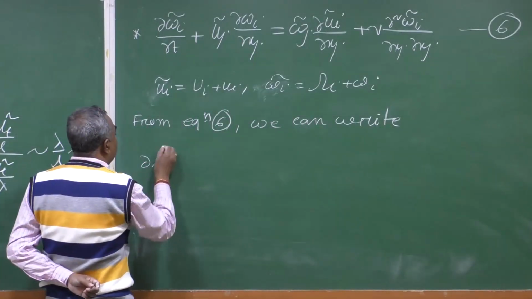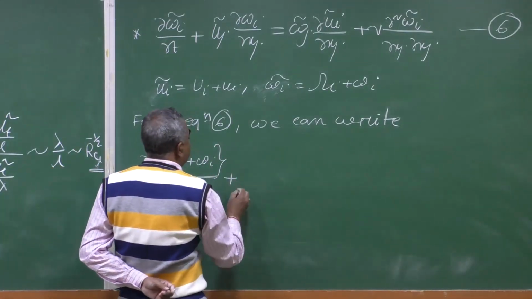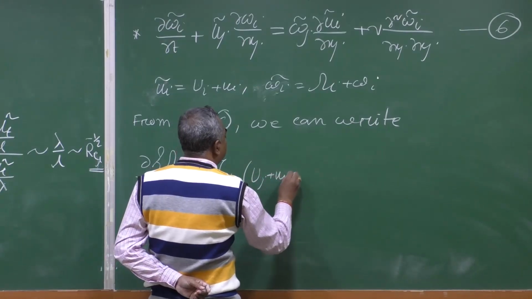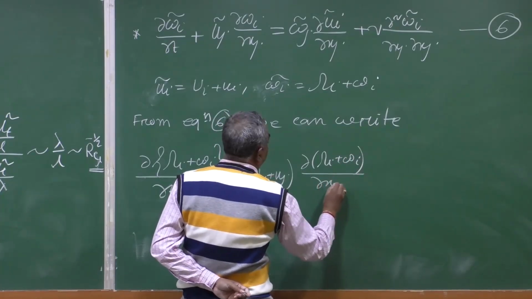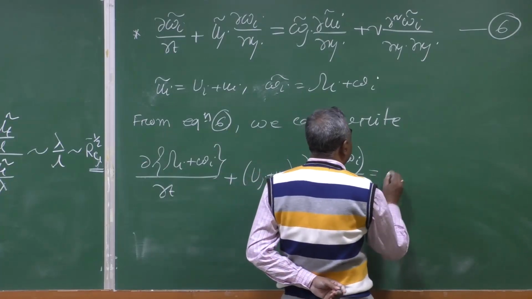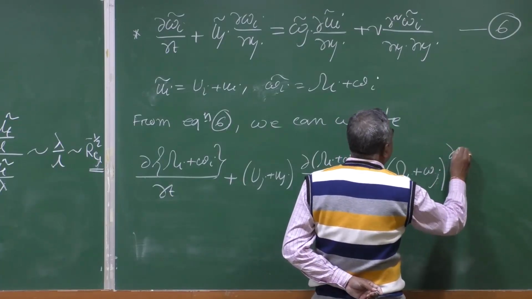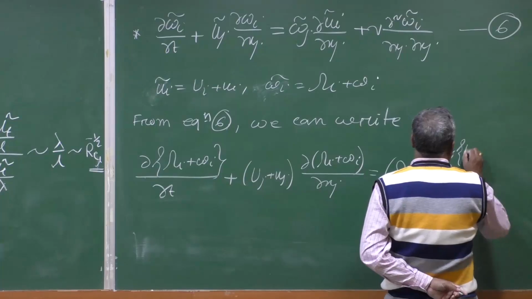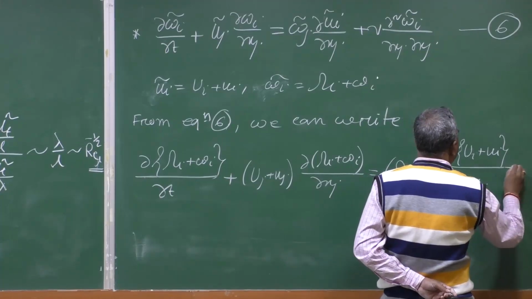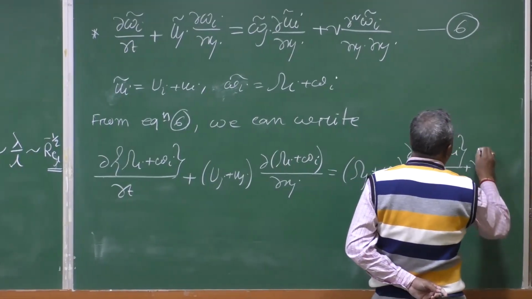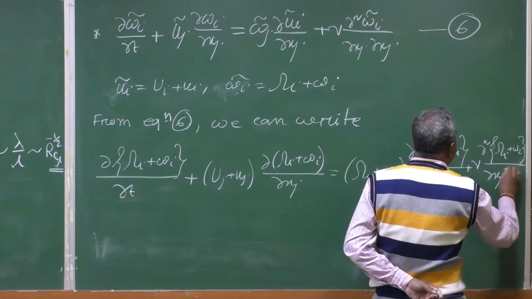del t plus u j small u j del x j, plus nu del 2 omega I small omega I del x j del x j.